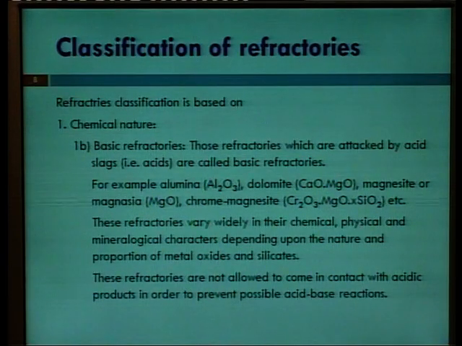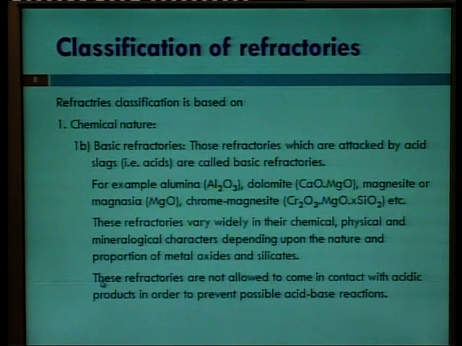Coming to the uses, one has to be very cautious. As you know, there is acid-base reaction. This is basic and we should not allow it to come in contact with acidic products. As you know, if you go for acidic products, what will happen? It will tend to react with the base to form salt and water.